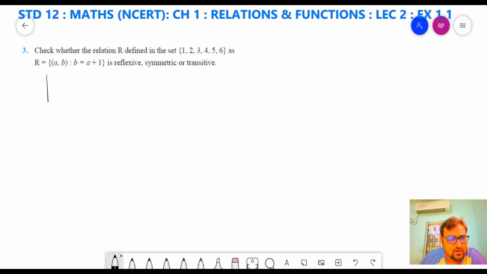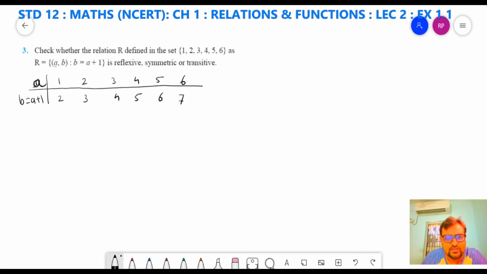See now, if I take this as x, which values can I take? 1, 2, 3, 4, 5, 6. Then here let's take a and b equal to a plus 1. So 1 plus 1 is 2, then 3, 4, 5, 6, 7.